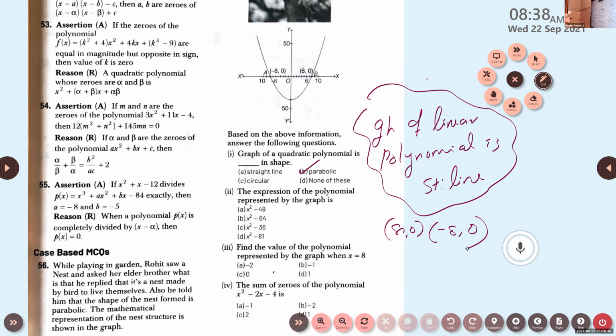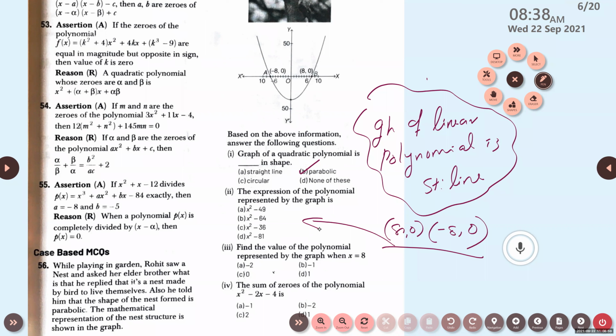Now look at these 2 points and tell which equation is suitable to this. Out of these 4 equations, which equation can be suitable? 80 and minus 80.